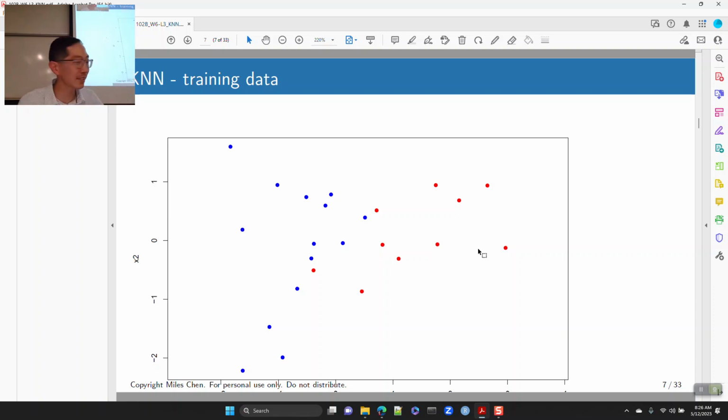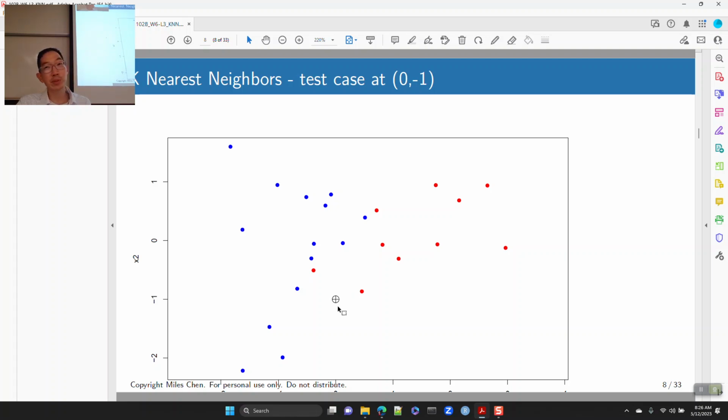I can put in a test case, and this dot represents my test case. I want to know, is this going to be class red or class blue? Very easily, our eyes can say these are the points that are closest, and I don't have to calculate the distance to these really far away points.